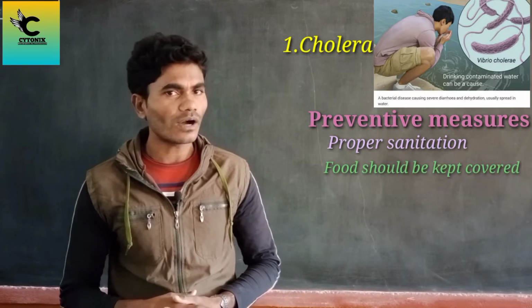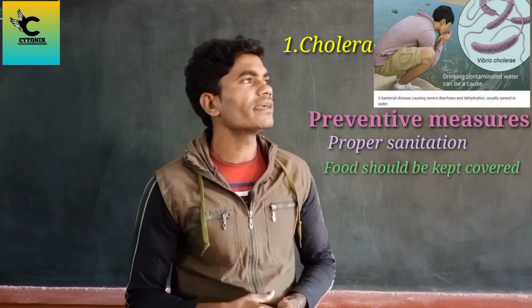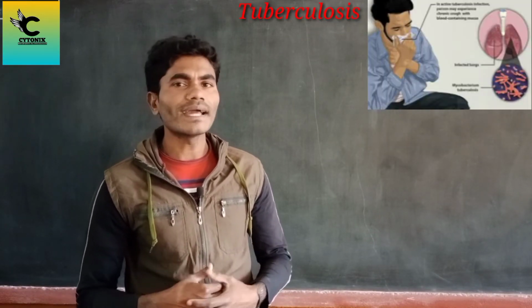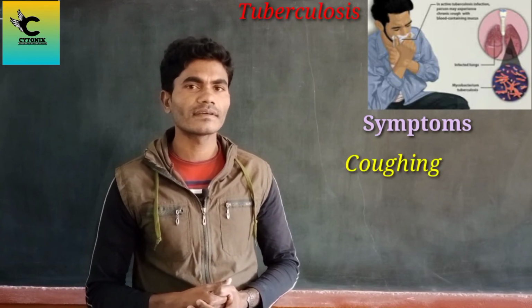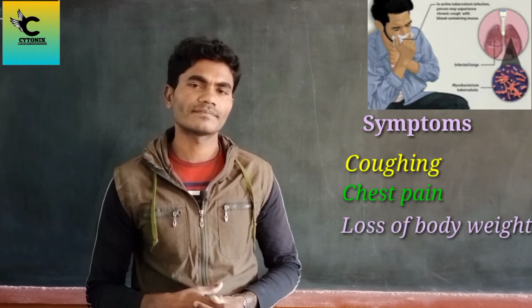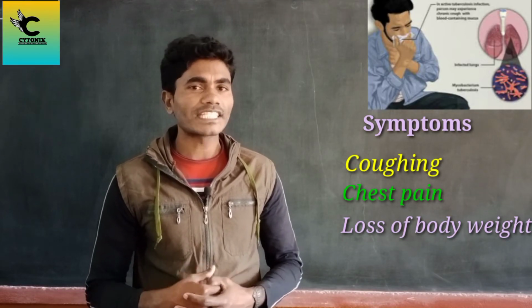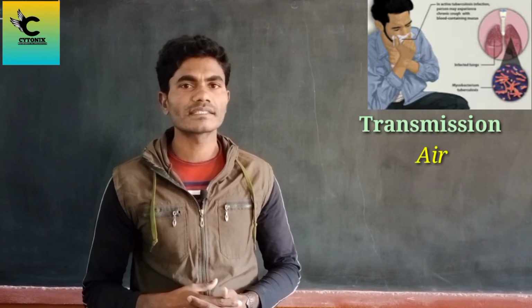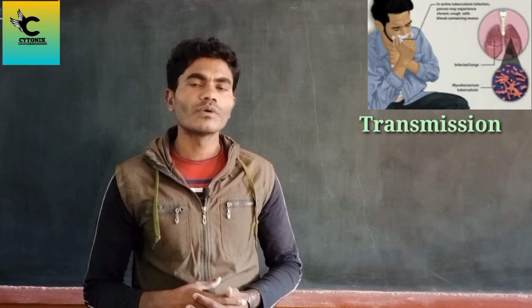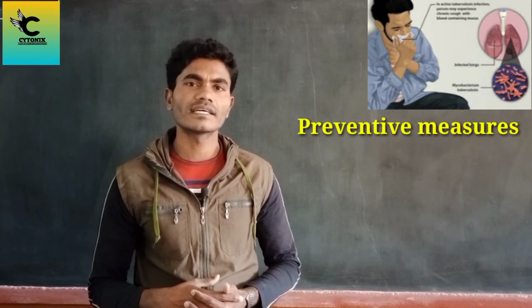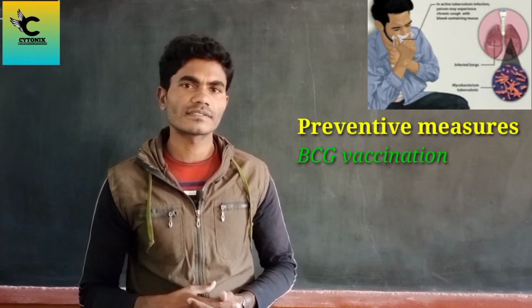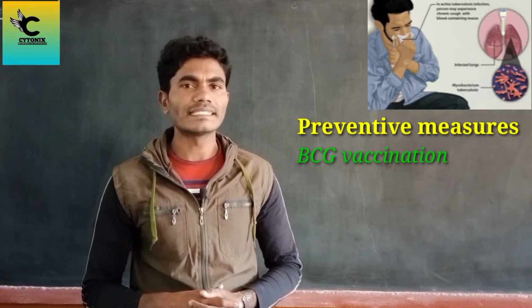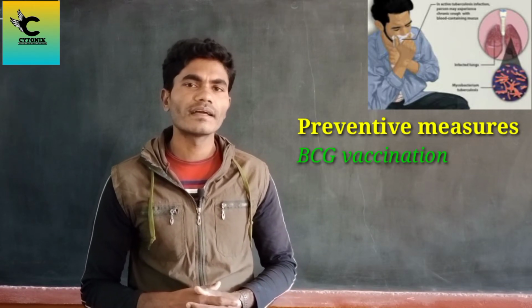Next, the second one we will see on your screen. The person is infected by tuberculosis, TB. He is frequently coughing, has chest pain, and loss of body weight. And how will we prevent tuberculosis? We have to use a vaccine, the BCG vaccine. Next, the third disease is typhoid.